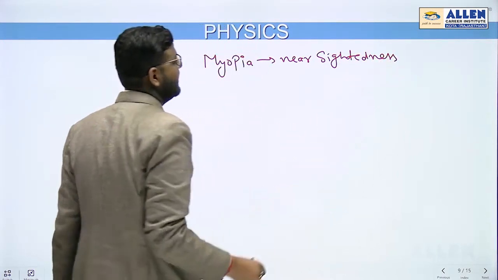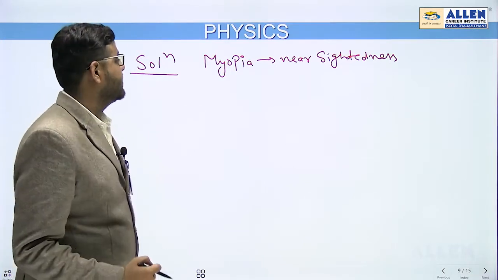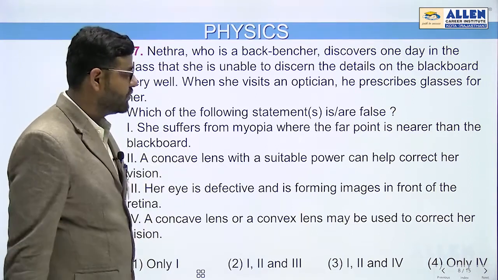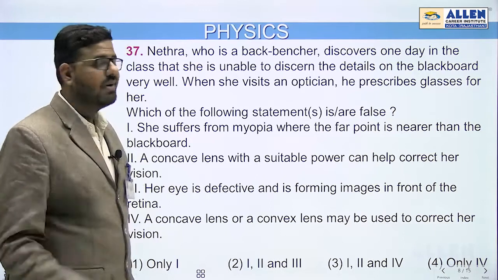So here the girl is unable to see the things written on the blackboard. So obviously she is suffering from myopia. So this statement is correct.